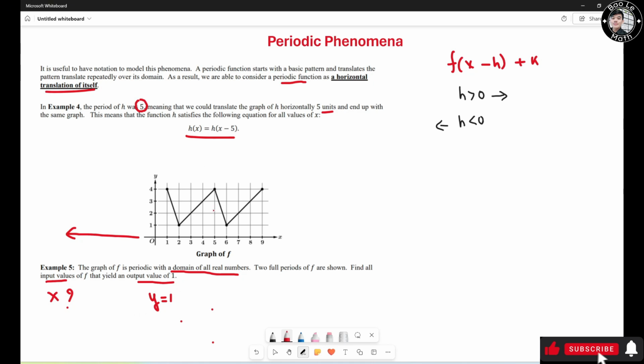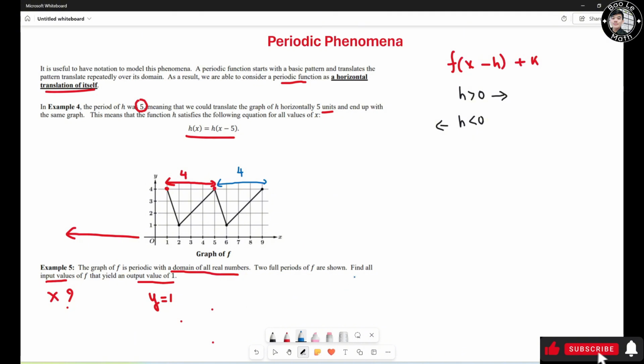So look at this one, 2 full cycles, right? So the function starts from here and ends right here, right? So we look at this one, we see that the period is 4, right? And then this pattern keeps repeating to get the new one right here, right? So the period is 4.